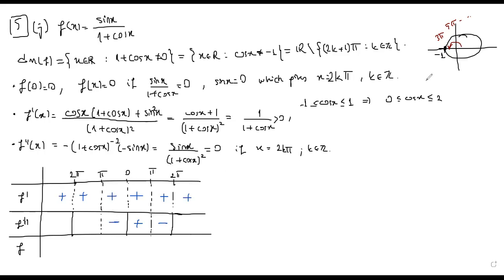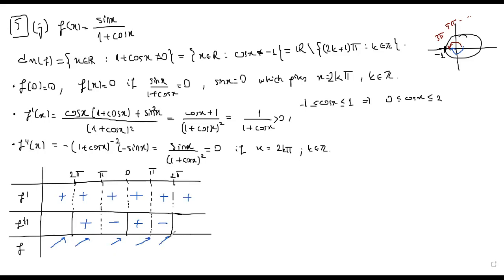It means we have this angle now, right? From pi to 2 pi, we're below the x-axis. That's why it's negative. Similarly, you will have plus there. Okay. Now, what do we have here? f prime is always positive, so the function f is always increasing, right?